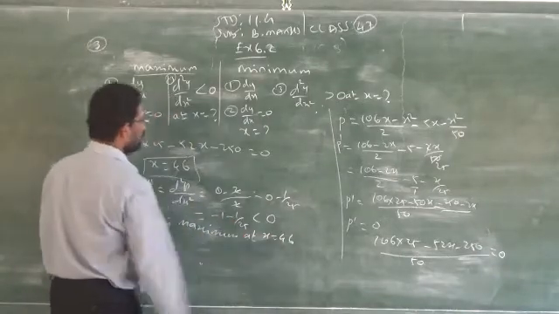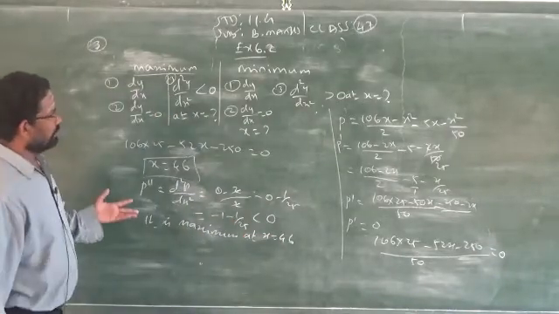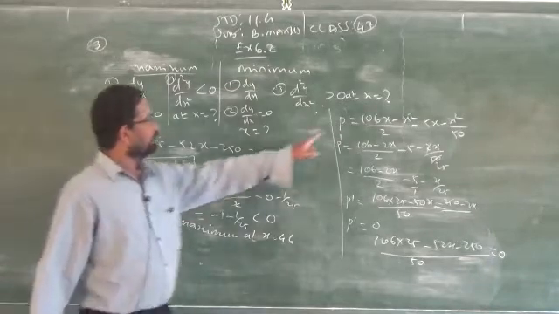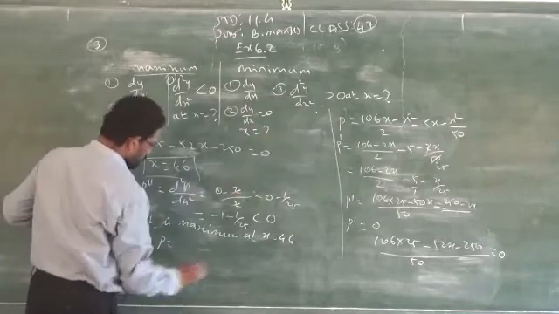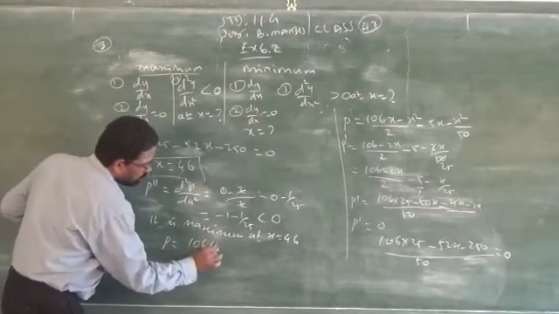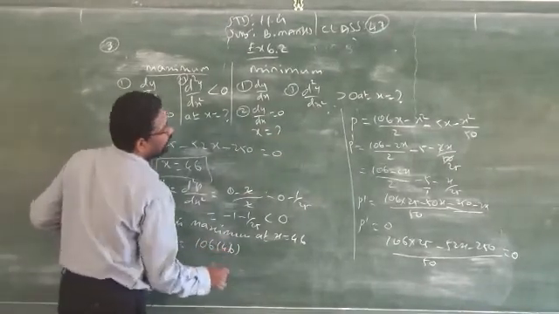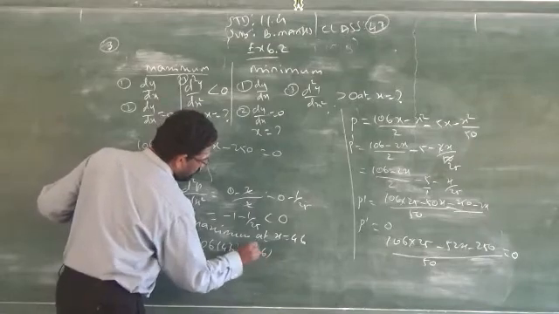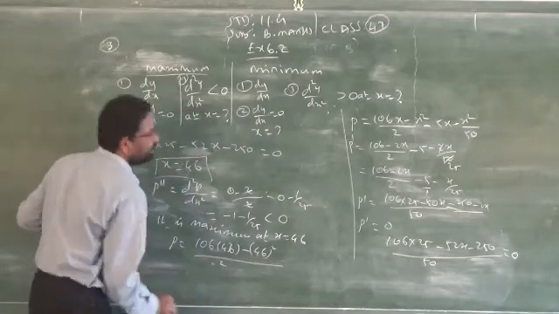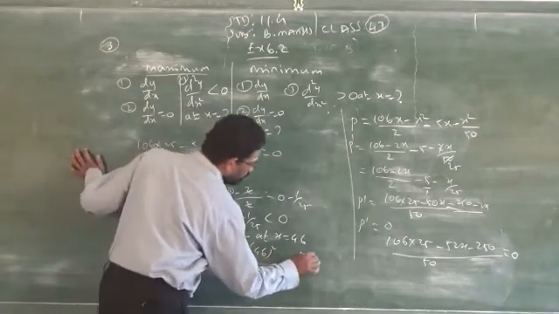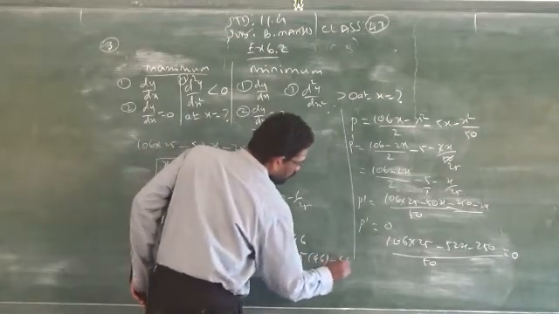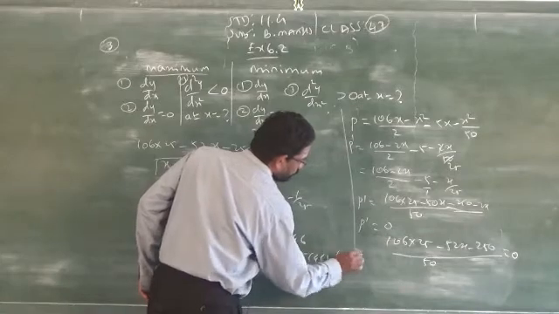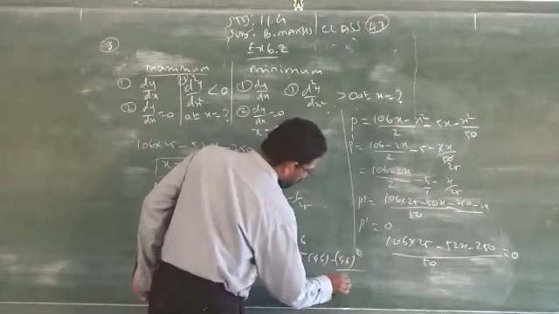Substitute x is equal to 46 in the profit function. Where is the profit function? This is the profit function. You have to replace x is equal to 46: 106 into 46 minus 46 the whole square by 2 minus 5 into 46 minus 46 the whole square by 50.